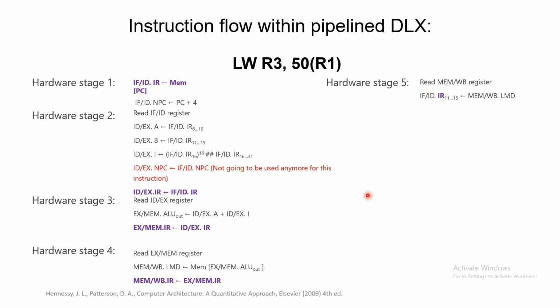The data in LMD will be loaded to the required register, whose address is in bit number 11 to bit number 15, held in register B. After the fifth stage, this instruction will be completely executed within the pipeline. This is the instruction flow within the pipelined DLX structure.